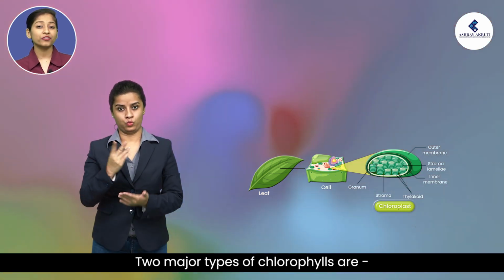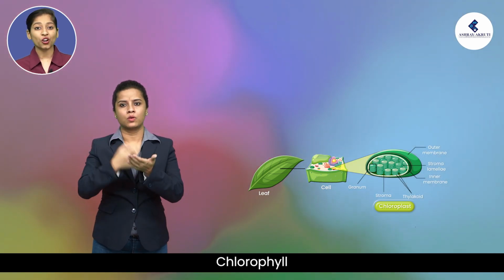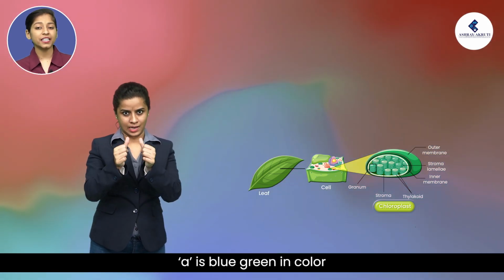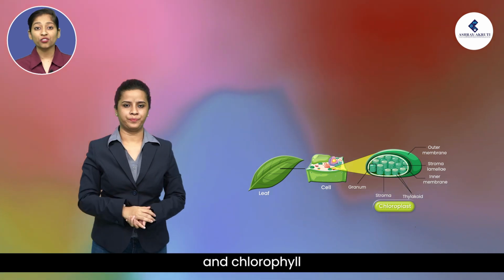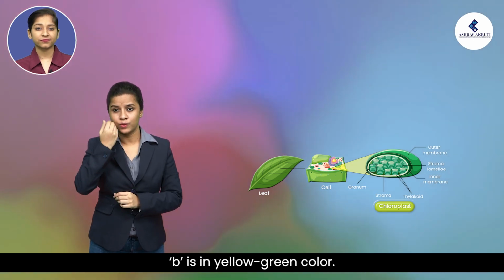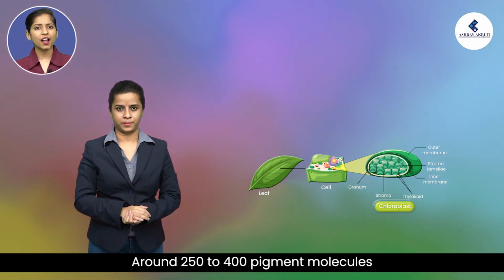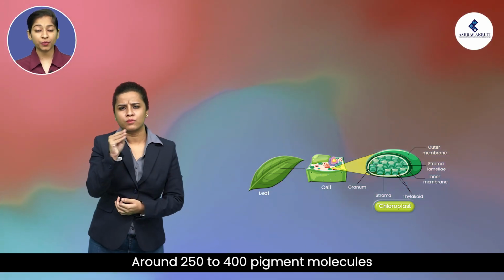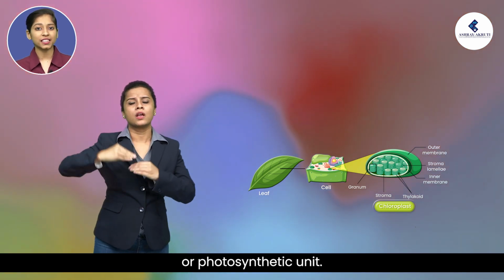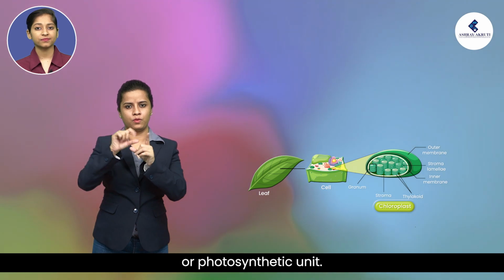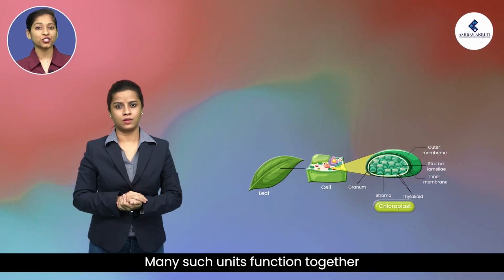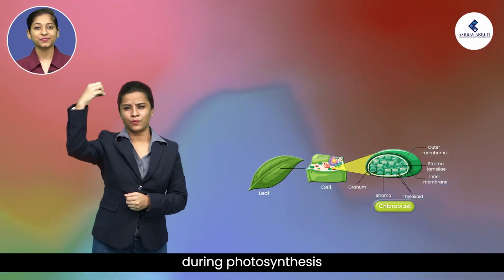Two major types of chlorophylls are chlorophyll A, which is blue-green in color, and chlorophyll B, which is yellow-green in color. Around 250 to 400 pigment molecules form a light harvesting complex or photosynthetic unit. Many such units function together during photosynthesis.